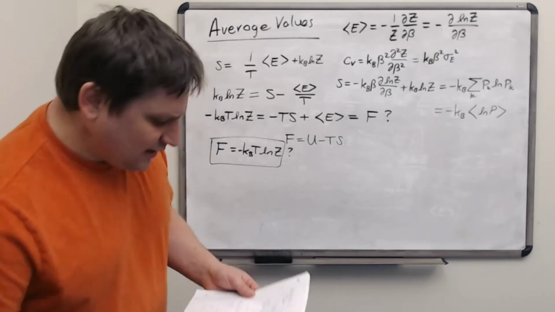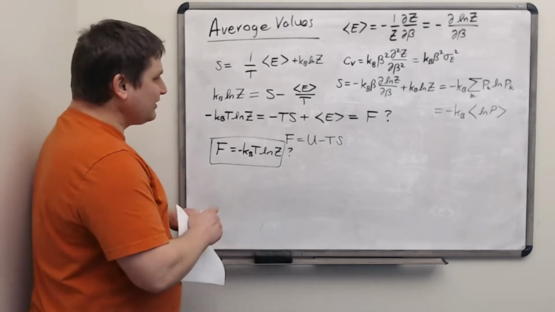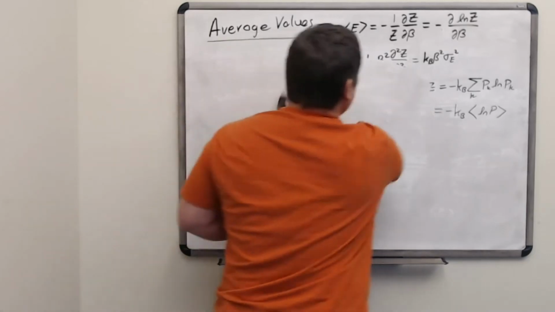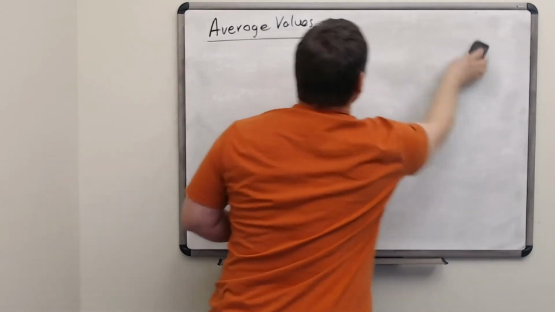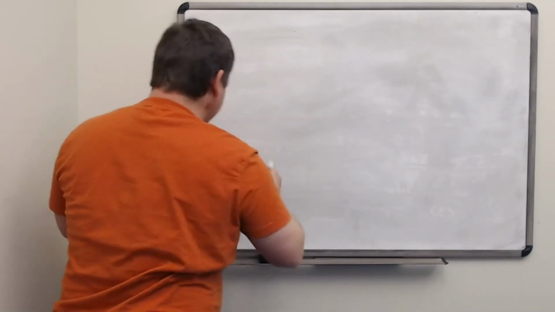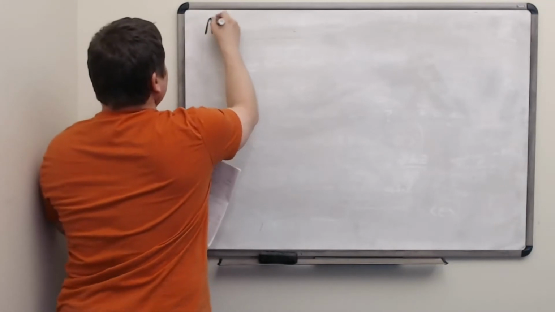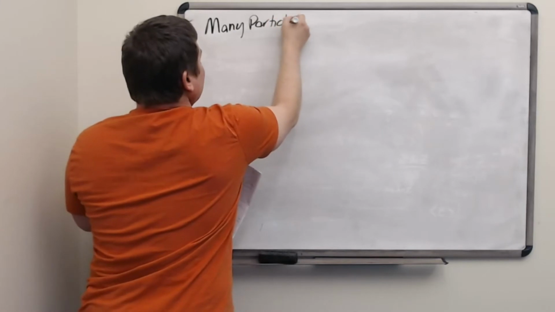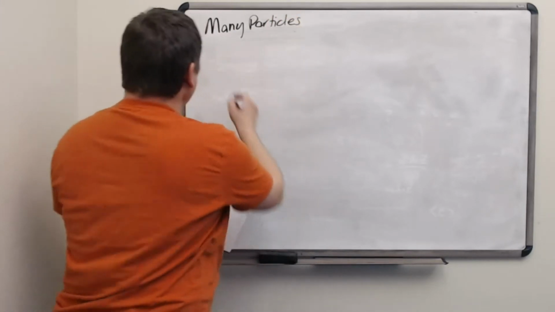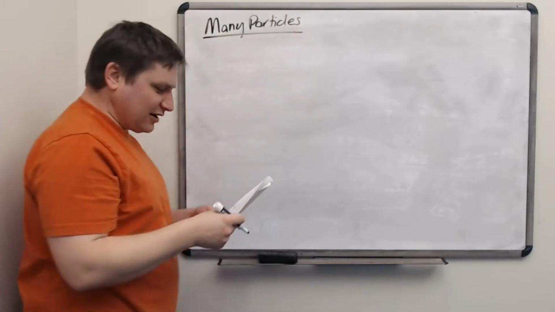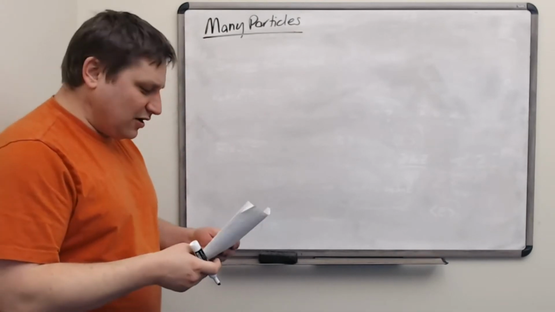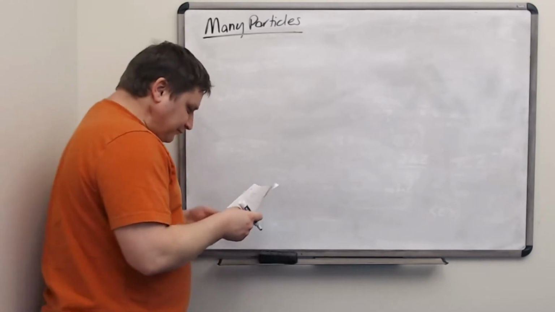So let's try to clear that up. Moving away from average values now, we have to address what we do if we have many particles in our system, beyond just one small microstate.